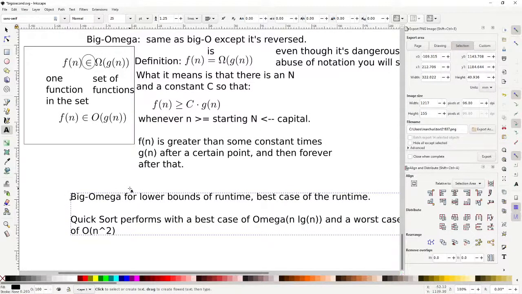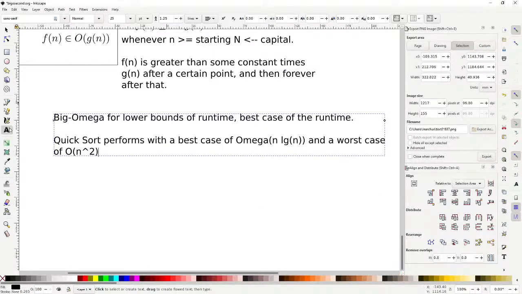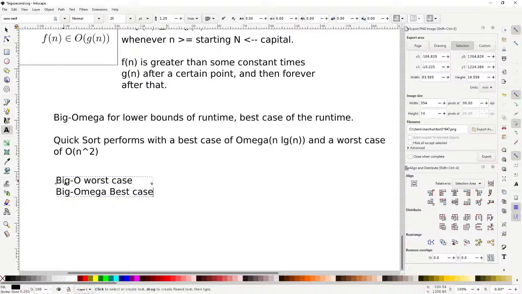And the reason why you would say this is because you say big O is the worst case. Big omega is the best case. And the reason why you would say that is because this says it can be no lower than g of n, right? And this means it can be no higher than g of n.